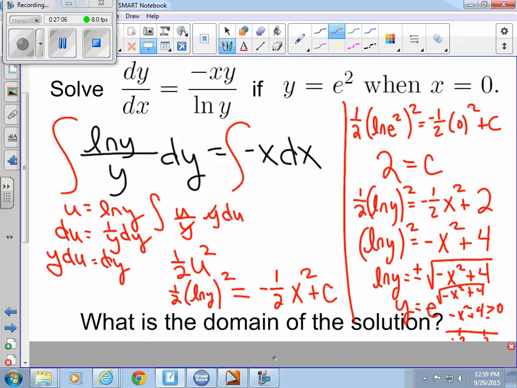Something left of negative 2, like negative 3. How would we get a negative? Positive then negative. So between negative 2 and 2, including negative 2 and 2, right? It could be negative 2 and 2, those would be okay. Does everyone agree?